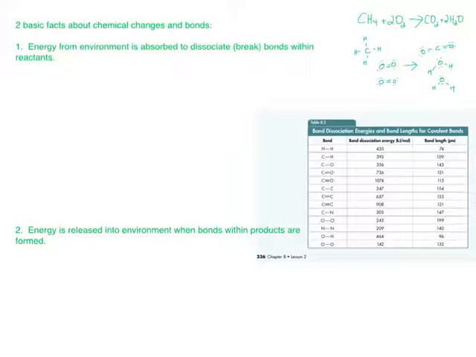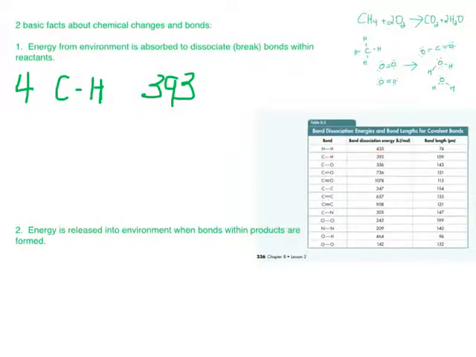Well, we have this data table from page 236 of your book that's telling us that there are 4 carbon-hydrogen bonds, and each of those bonds requires 393 kilocalories per mole. I'm getting it right here on the table.